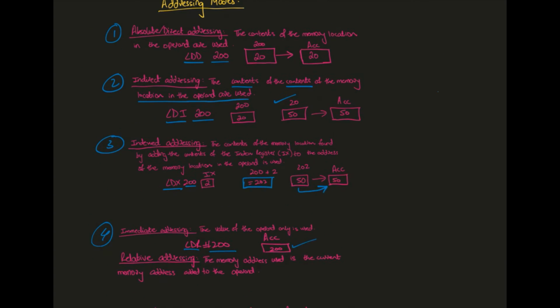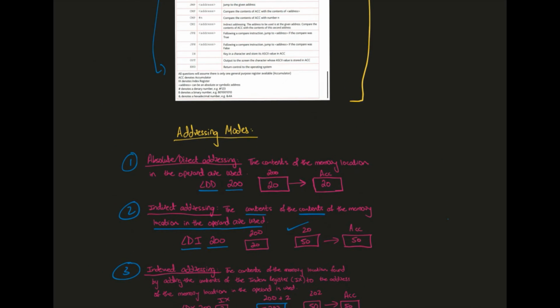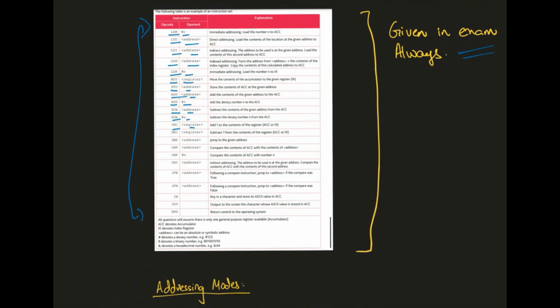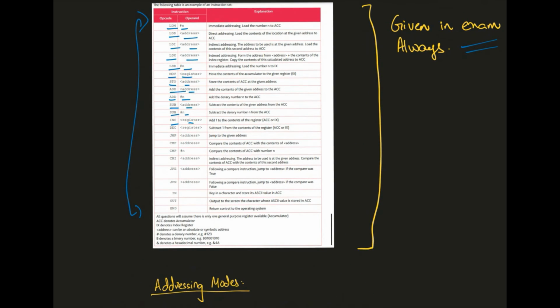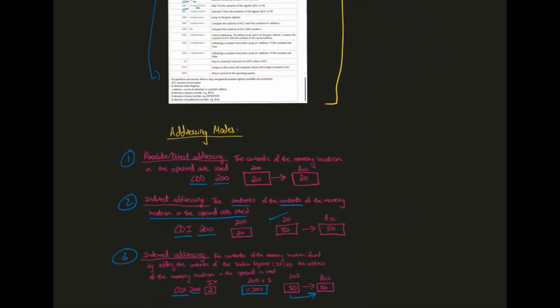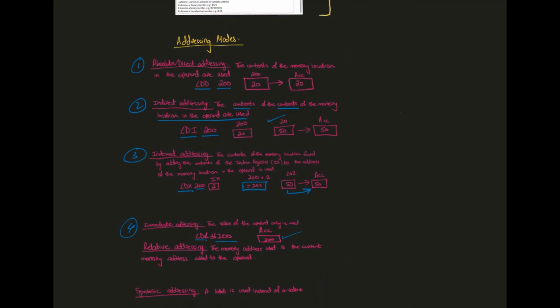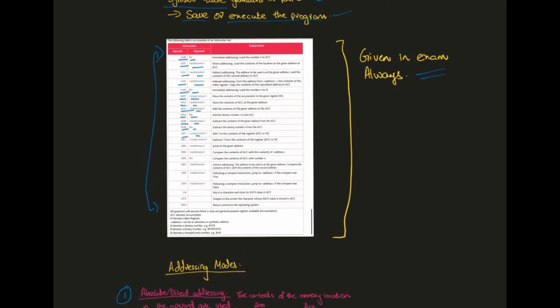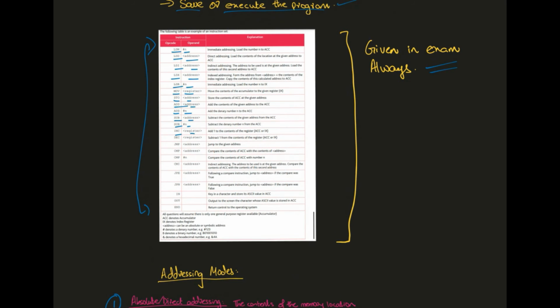There's something you need to know about immediate addressing. We'll go over to this instruction set table. Here we have immediate addressing, and you can see that you have this hash here.